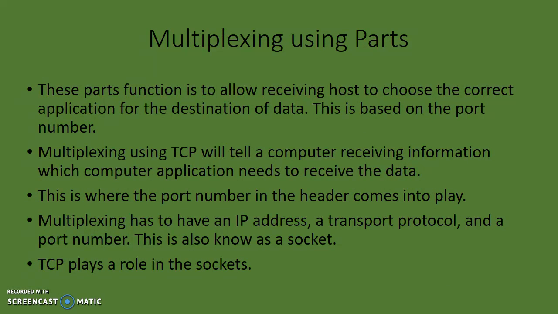Multiplexing using ports. The port's function is to allow receiving hosts to choose the correct application for the destination of the data. This is based on port number. Multiplexing using TCP will tell a computer receiving information which application needs to receive the data.